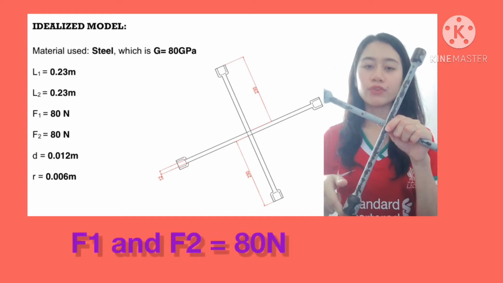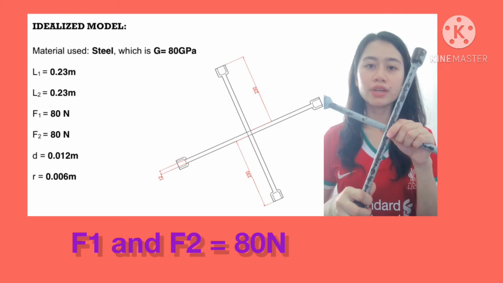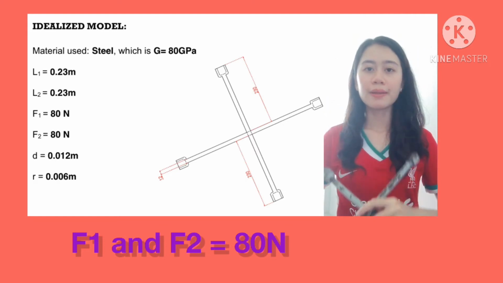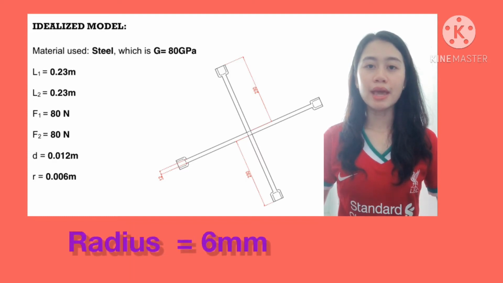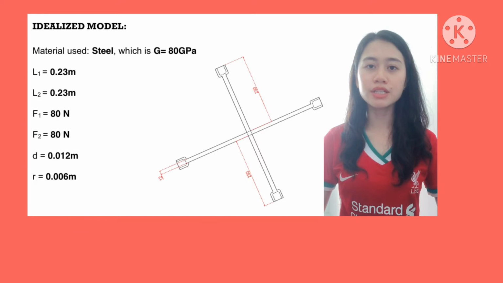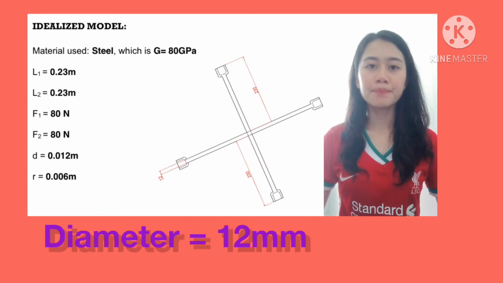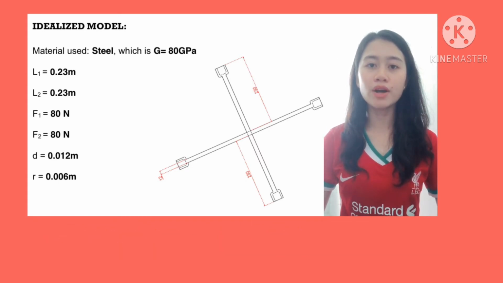F1, F2. F1 and F2 is 80 Newton, but the radius is 6 mm, and then we convert to meter is 0.006 meter. The diameter is 12 mm, and convert to meter is 0.012 meter.